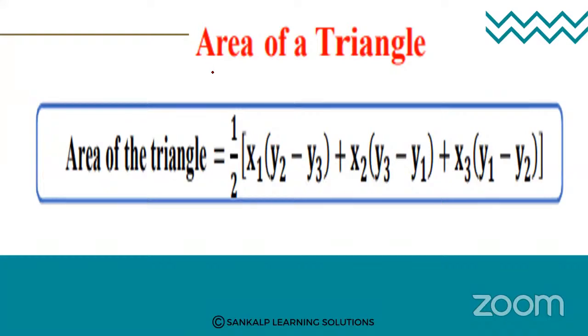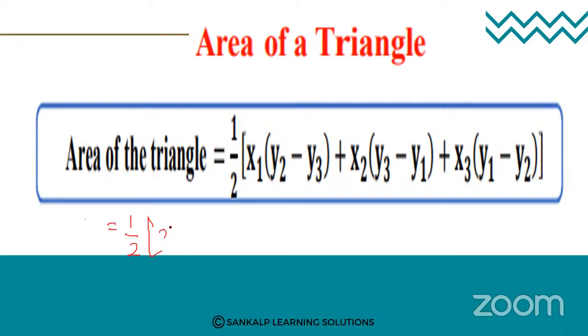Next, we are going to study in this chapter the area of the triangle. Here is the formula to find the area of the triangle: half into x1 (y2 minus y3) plus x2 (y3 minus y1) plus x3 (y1 minus y2). How do we remember this? First, for the area of the triangle, write half.